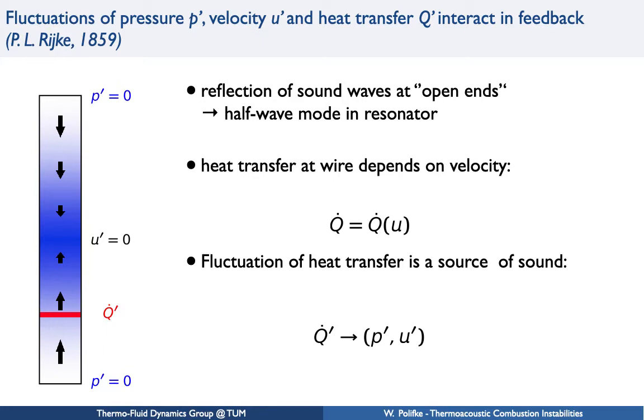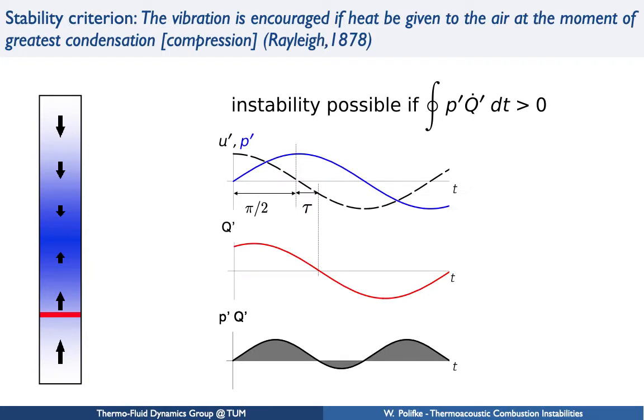So in the arrangement as shown here, a heat source that responds to velocity, for example, in an acoustic resonator, gives rise to a feedback coupling between heat release or heat transfer, pressure, and velocity. And these three in combination can go unstable. And this instability criterion is spelled out here on the title line.